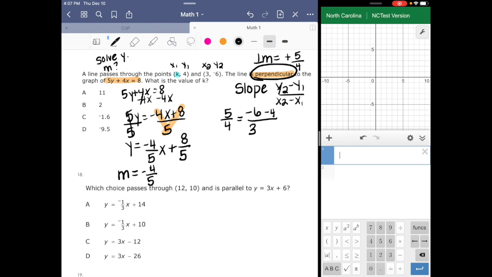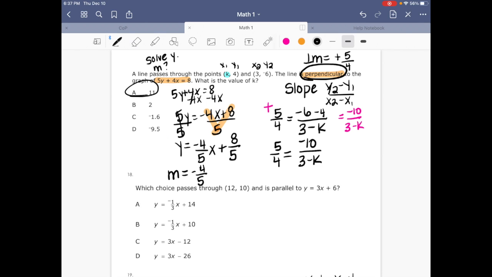And then x2 is 3 minus k. Now, when I'm looking at this problem, I can see that this piece right here is positive, but if I add up these two, this is going to be negative 10 over 3 minus k.